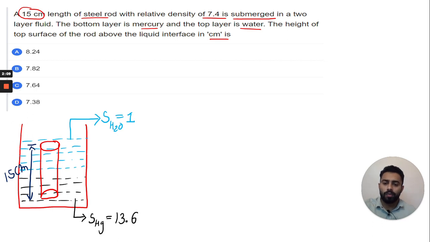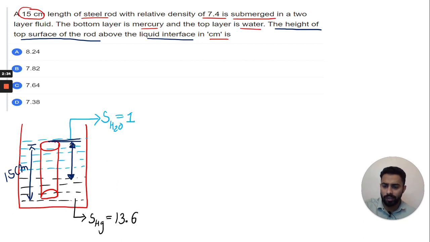So what we need to calculate, read this last statement, the height of top surface of the rod above the liquid interface. So let me mark this as the top surface of the cylinder, and we have to calculate this height from the liquid interface. Liquid interface means where two liquids separate.